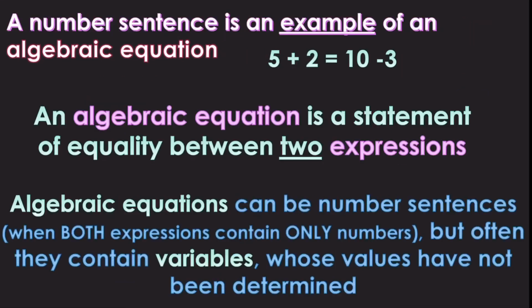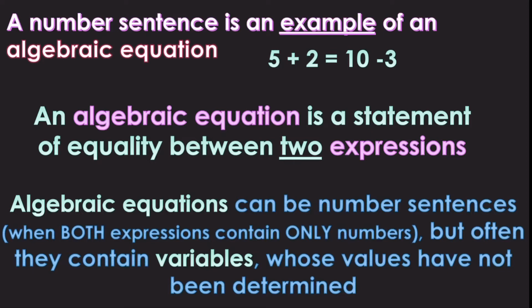So now we're getting closer to our equations. We went over what a number sentence is, okay? But a number sentence, that's an example of an algebraic equation. And many of you are sitting there saying, how is that algebraic? Well, an algebraic equation is simply a statement of equality between two expressions, okay?